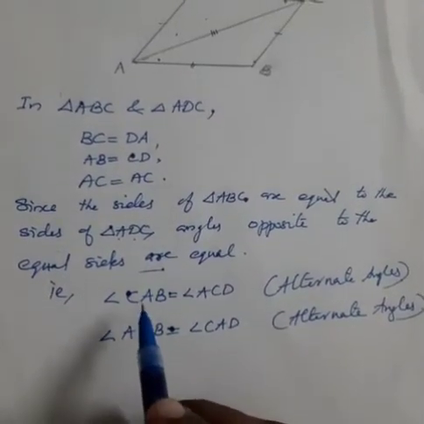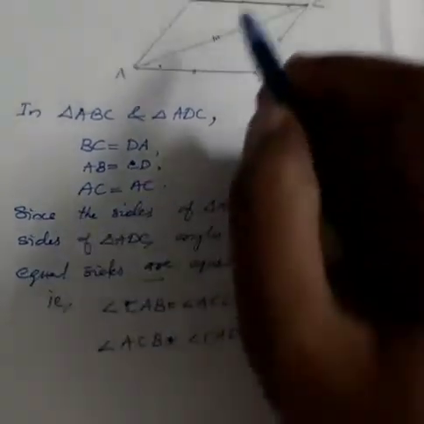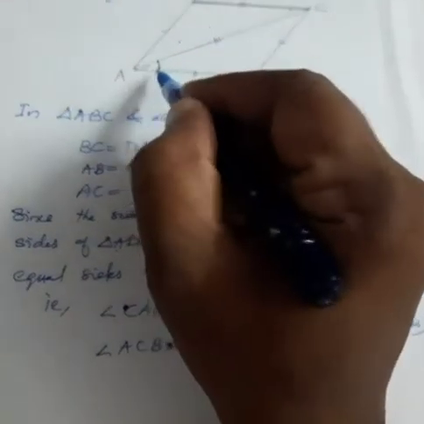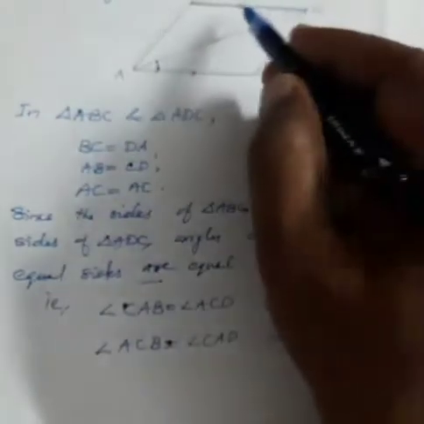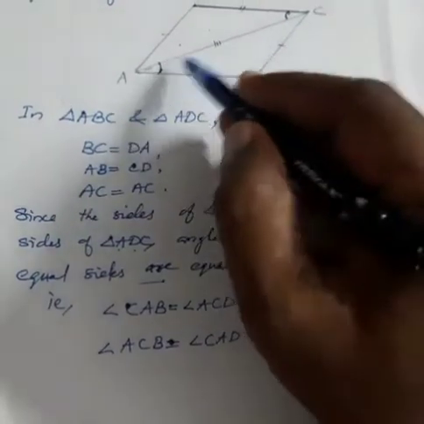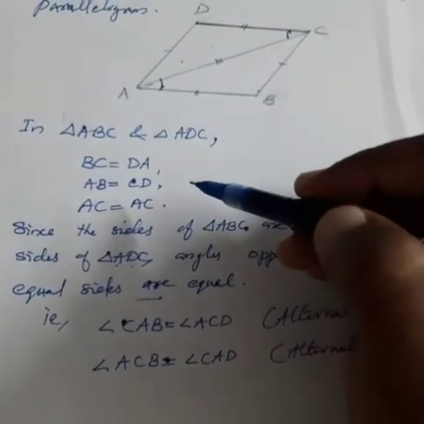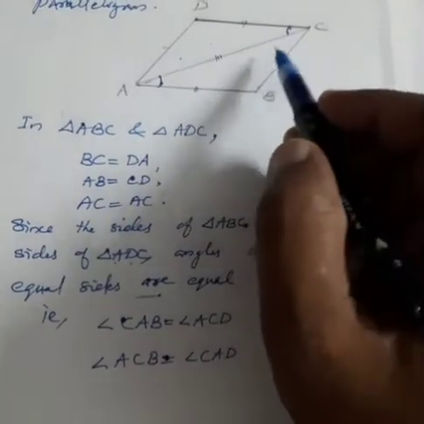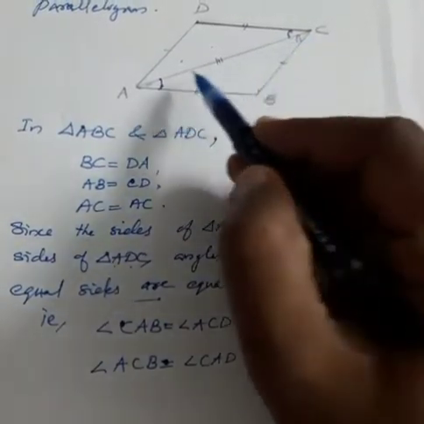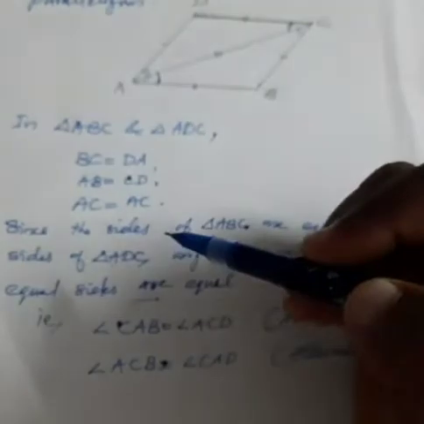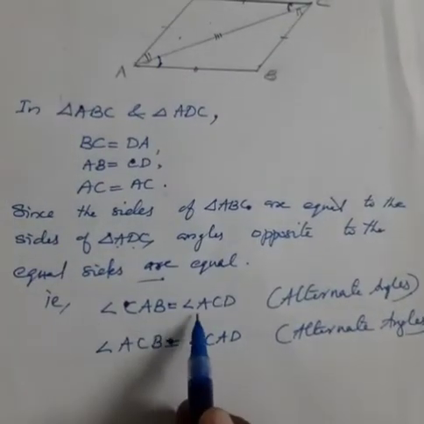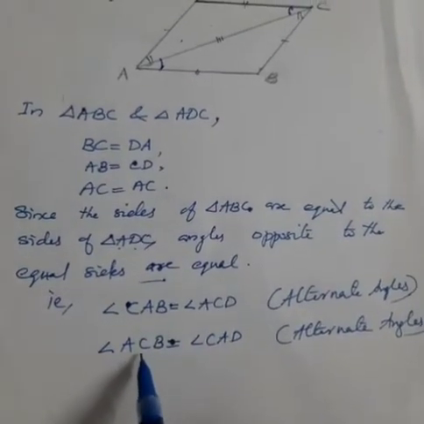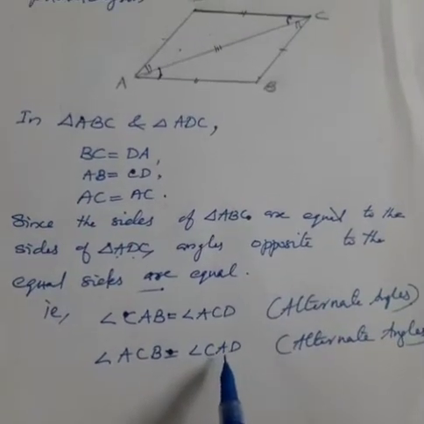So you can write here angle CAB, this one, and ACD. These are the equal angles, the alternate angles. Same like we'll get another angle also here. So angle CAB is equal to angle ACD and angle ACB is equal to angle CAD.